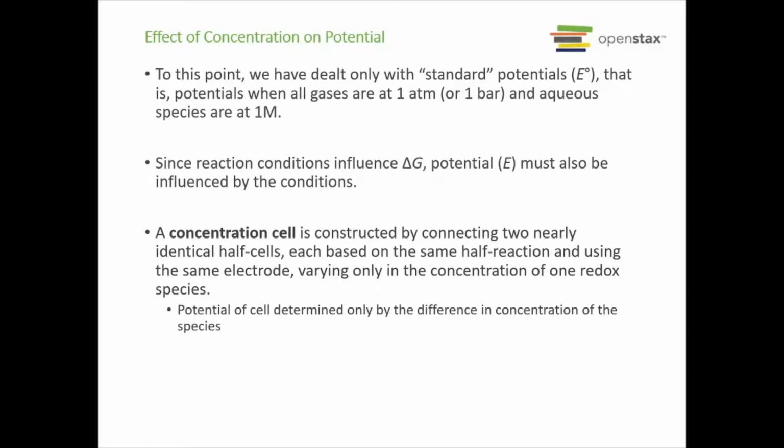So we can make a concentration cell by connecting two nearly identical half cells, each that has basically the same half reaction, use the same electrode, but the only thing that changes is the concentration of one of the redox species. And the potential of that cell is actually determined by the difference in the concentration of the species.